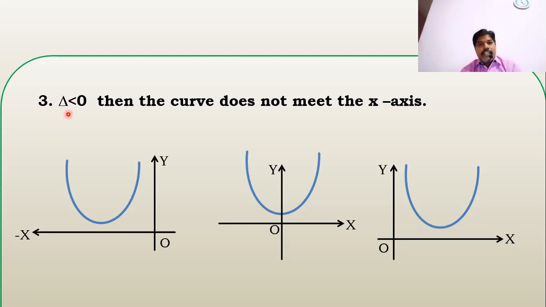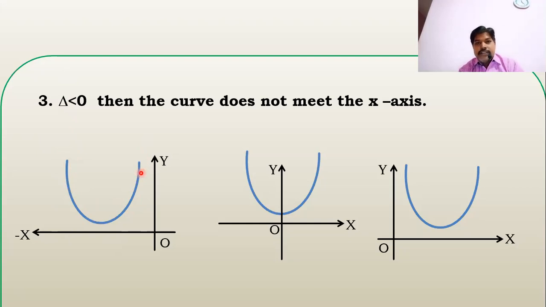Here that means the curve does not touch the x-axis. Why? Because it is a real line. So if delta less than 0, then the roots are non-real complex numbers. That's why the curve does not touch the x-axis.